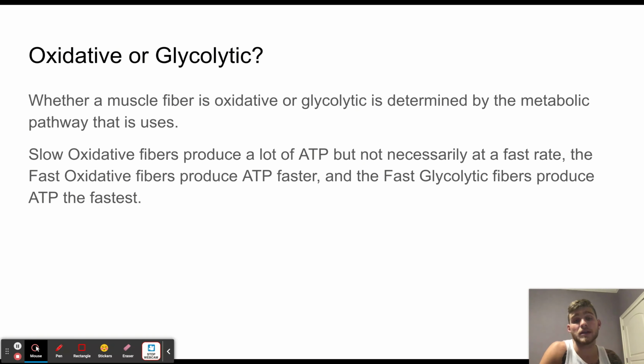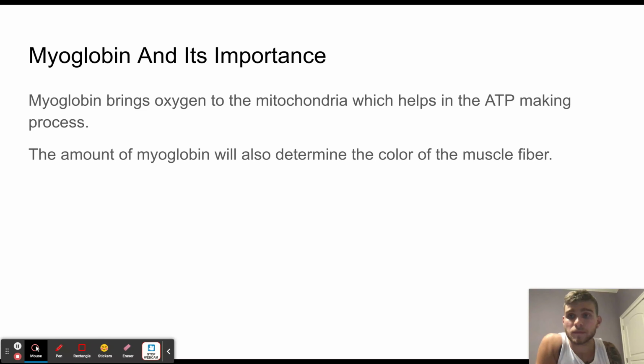If it uses an anaerobic way to produce ATP, then it's glycolytic. Slow oxidative fibers produce more ATP at a slower rate than the fast oxidative fibers, and the fast glycolytic fibers produce ATP the fastest out of the three.